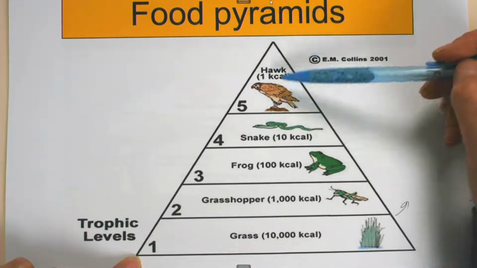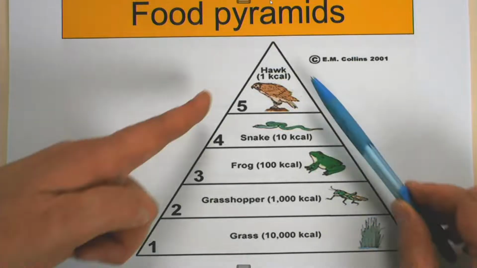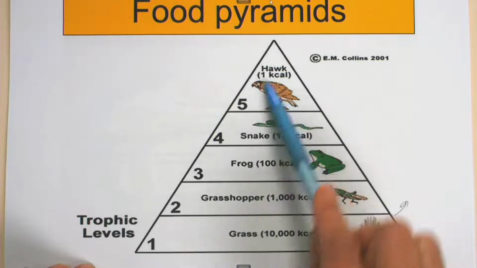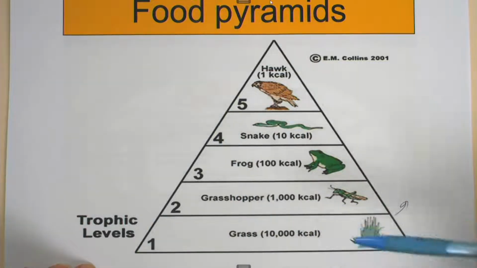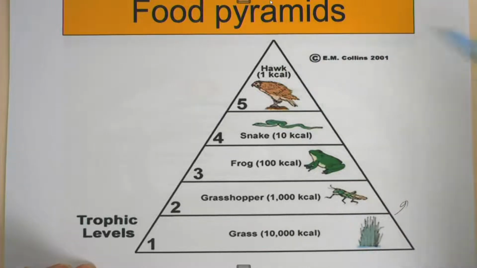And in total, the amounts will be less. At the bottom, we will have a lot of grass. Then we will have a lot of locusts to eat the grass, but less. Every time it becomes less. So that is just to show you the different food levels, the different trophic levels, and the amount of animals, how that can decrease, and also how energy can get lost through every level.